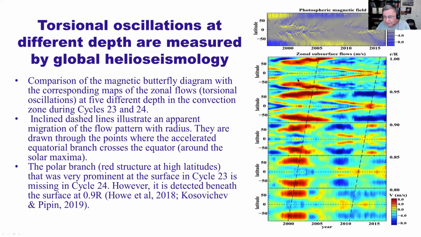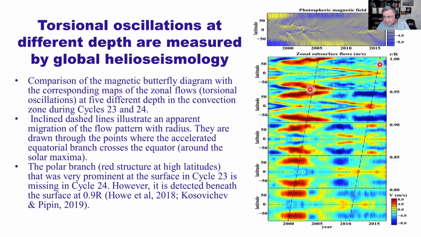And here, similar to what we see on the surface, we can see the extended solar cycle. It has two branches. One branch is a migration towards the poles. It starts somewhere at 60 degrees latitude, migrates to polar regions, and then there is a longer branch, a migration towards the equator.